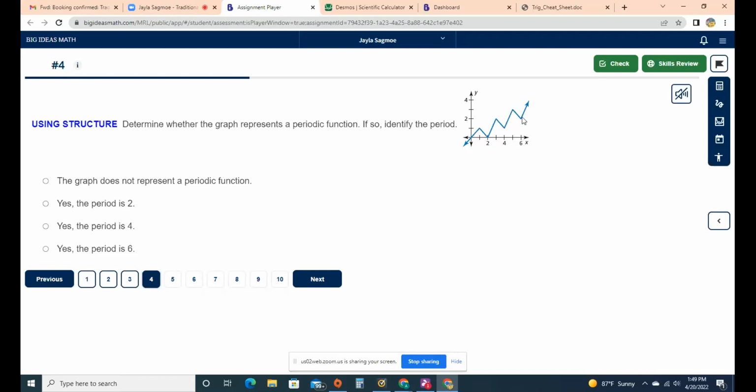So to me, I look at 0 to 2 as like a shirt, and then from 2 to 4, it's the same shirt, but it's stretched. So to me, they're not the same. There's a complete difference between them. From 4 to 6 is like an even bigger size shirt. So this one does not repeat. It's not the same.